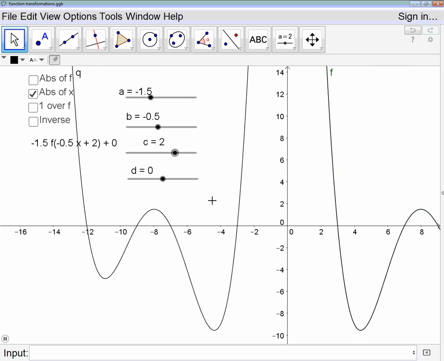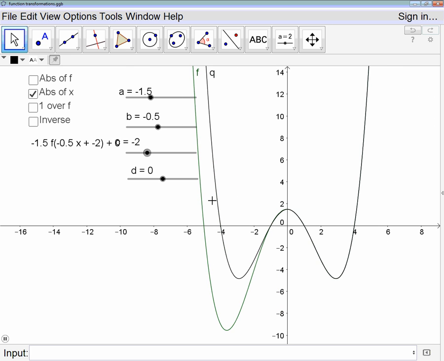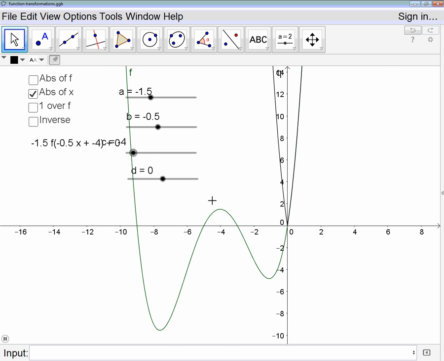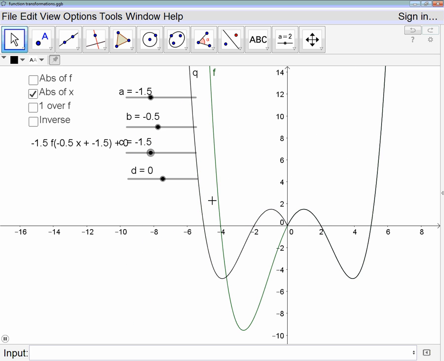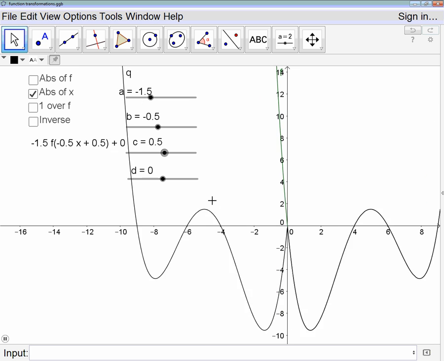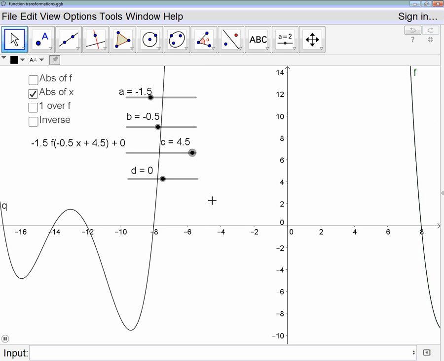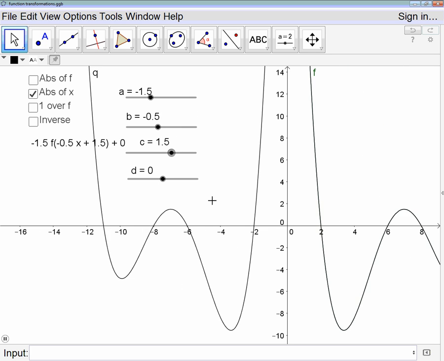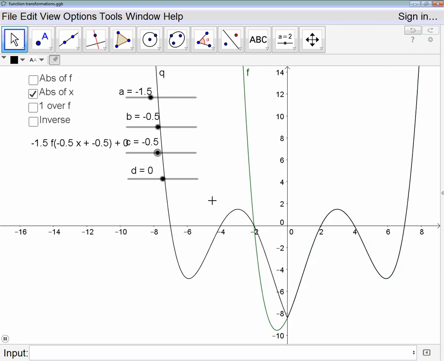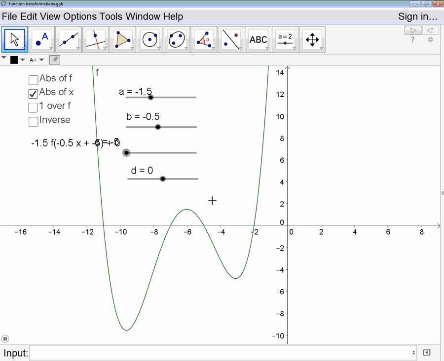What's happening? How are the black function and the green function related? Not an inverse per se. Whatever is over which? The y-axis. Whatever is happening on one side of the y-axis is what's reflected on the other.